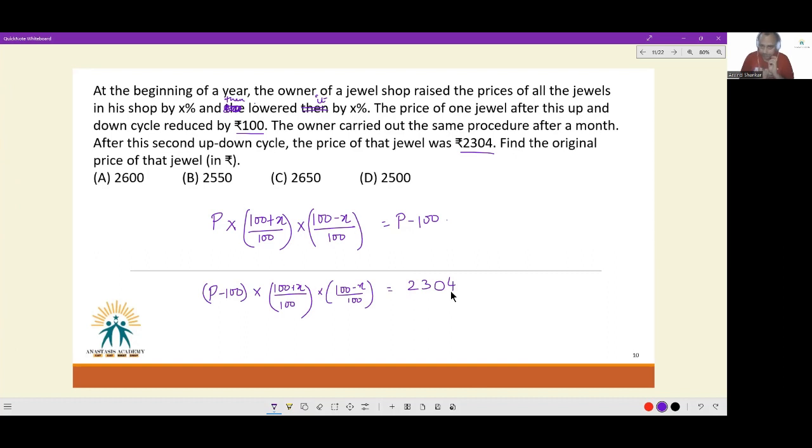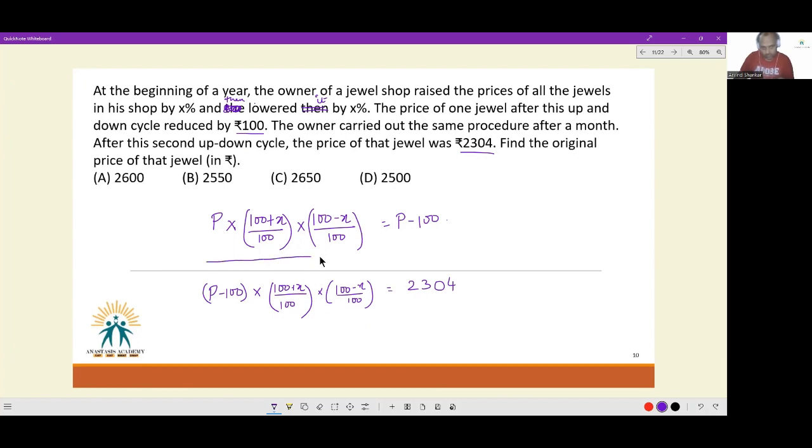Well, if we want to, we can divide the first expression by the second expression and get a quadratic in P and then solve it. We can do all that and it will lead us to an answer.